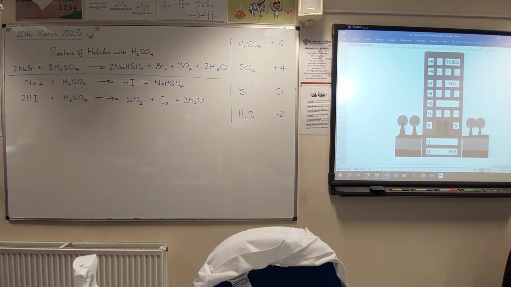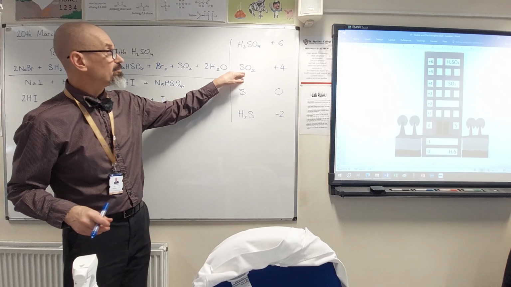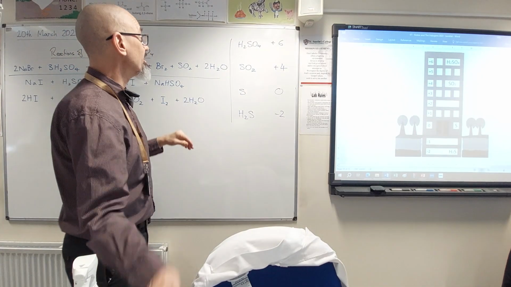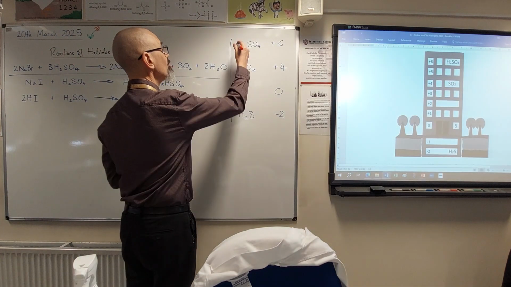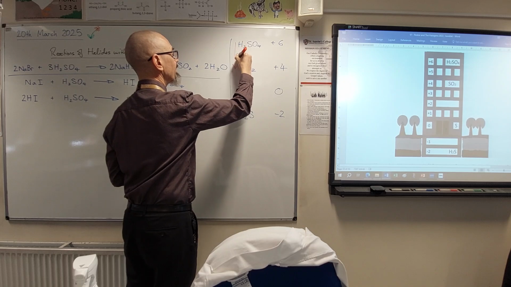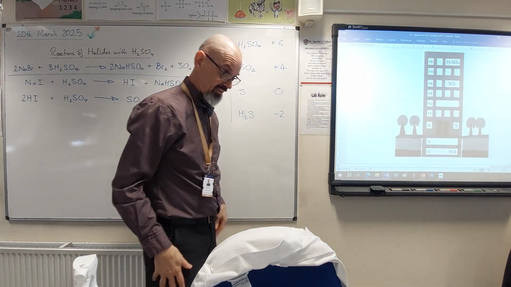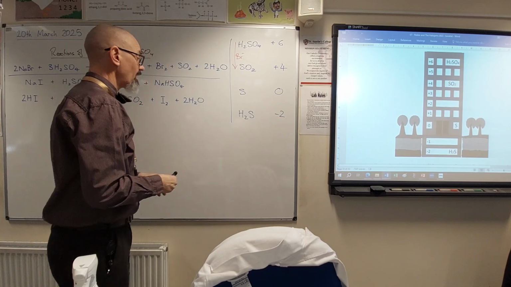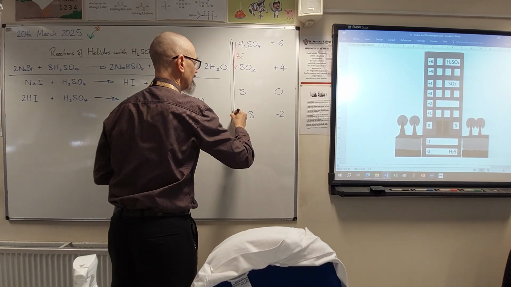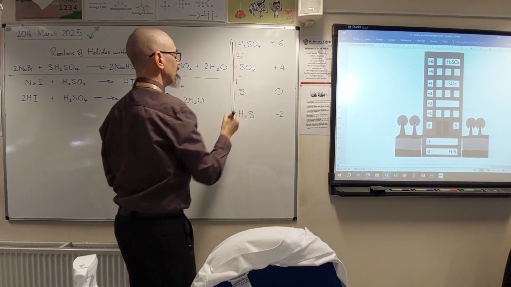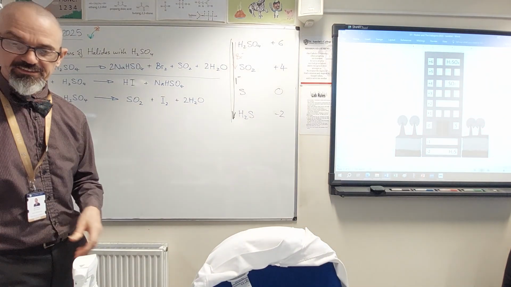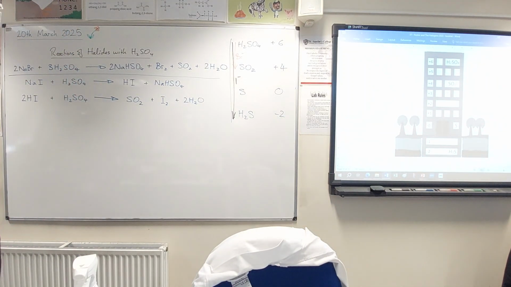Okay, but iodide can go further, whereas chloride didn't react at all. Bromide only took us down as far as SO2. Iodide is going to take us all the way down to H2S.